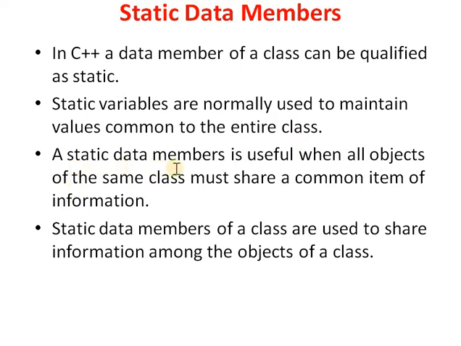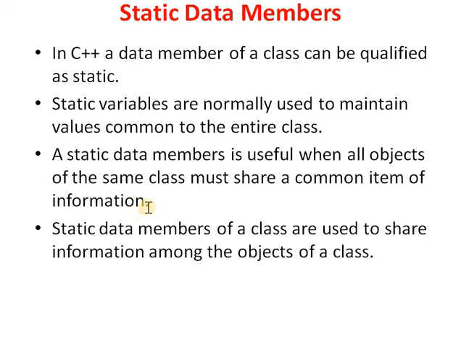A static data member is useful when all objects of the same class must share common information. The static data member concept is used whenever the objects of the same class must share a common data member or common variable.